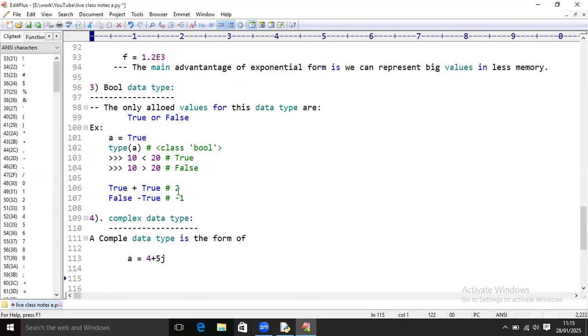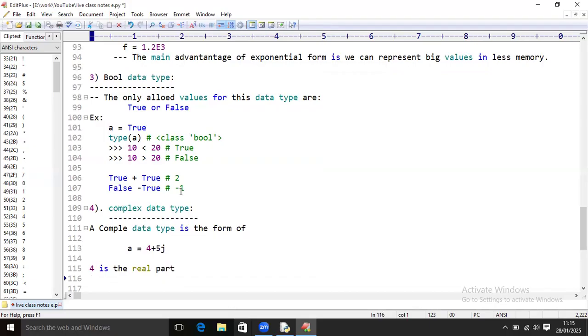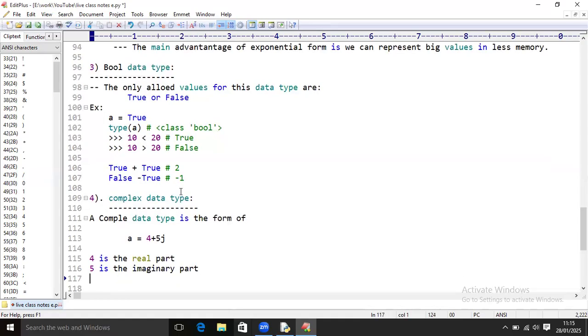In this, 4 is the real part and 5j, 5 is the imaginary part. And j is the square root of -1.